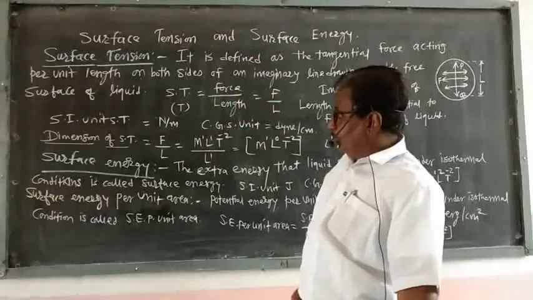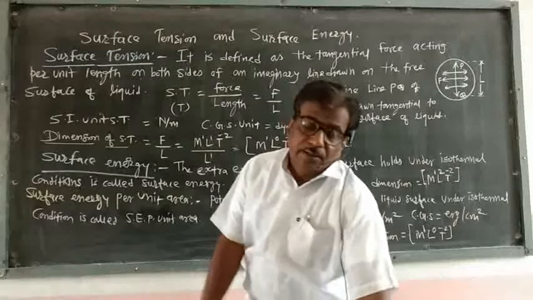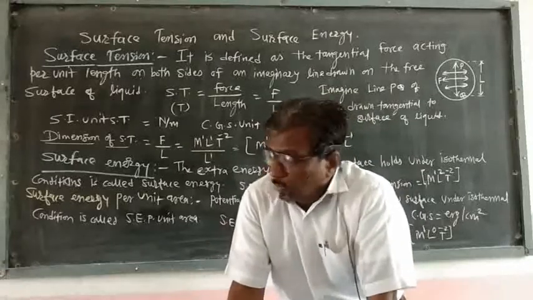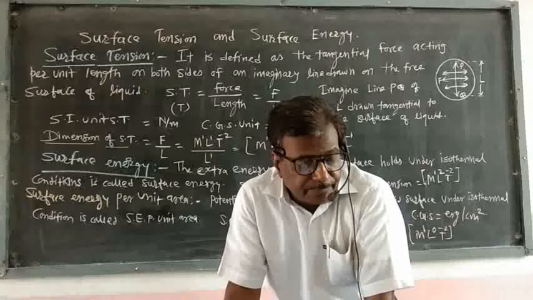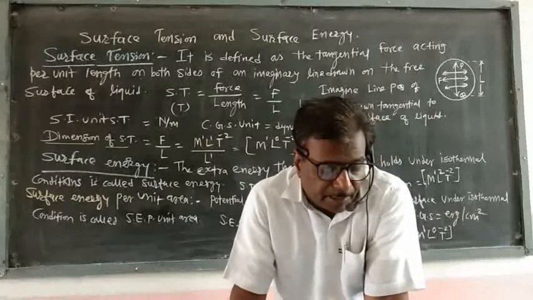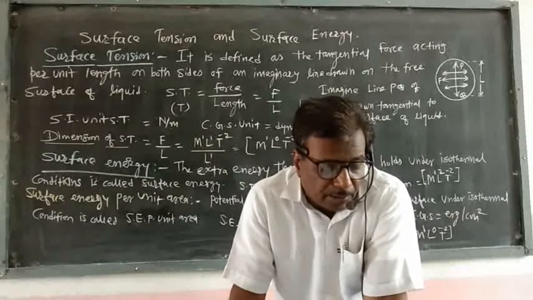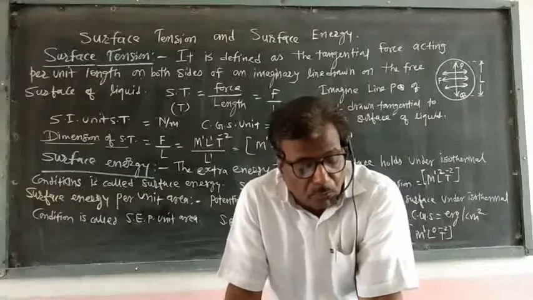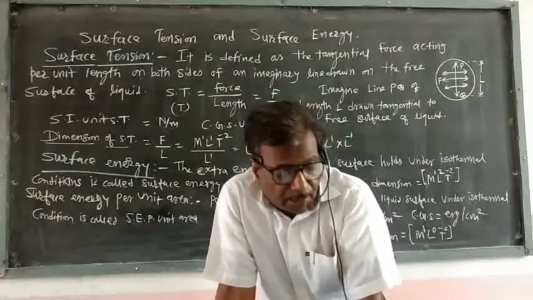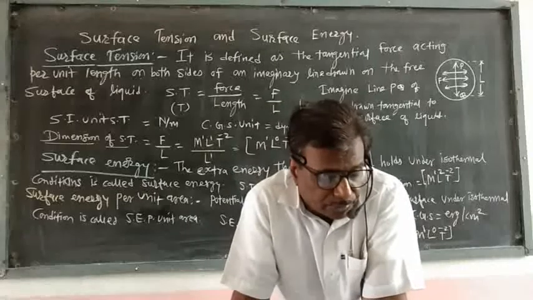Now we define what is meant by surface energy. In the last period we studied surface tension on the basis of molecular theory. Here we know the free surface of liquid is under tension due to the inward resultant cohesive force. Therefore, work is to be done against the inward force.